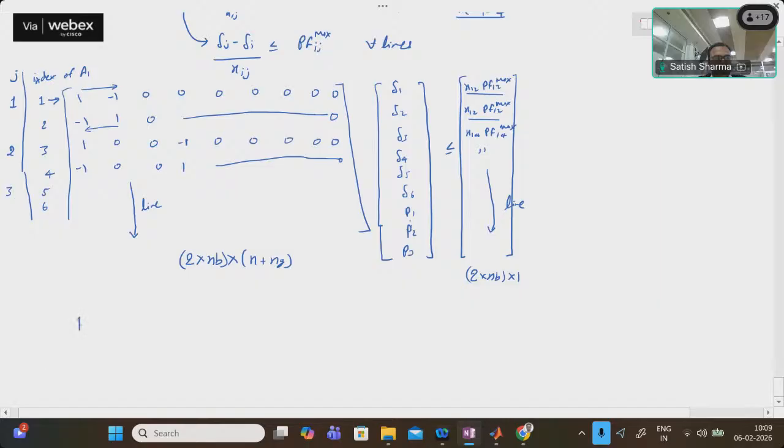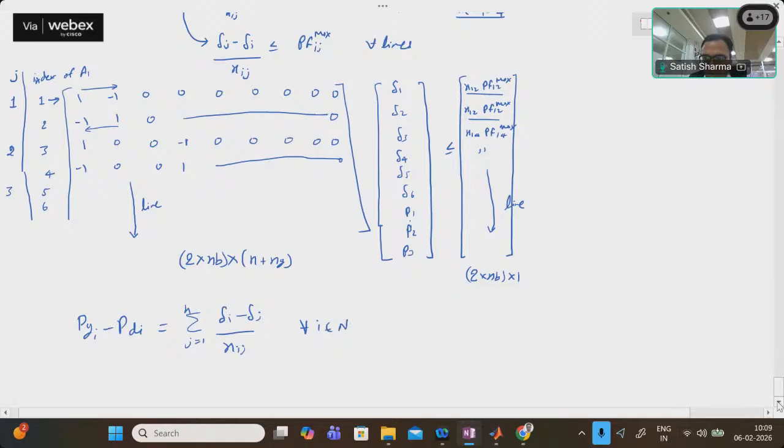We had an equation: PGi minus PDi equals summation over j from 1 to n of delta i minus delta j upon xij, and this was for all the nodes we were supposed to write down.